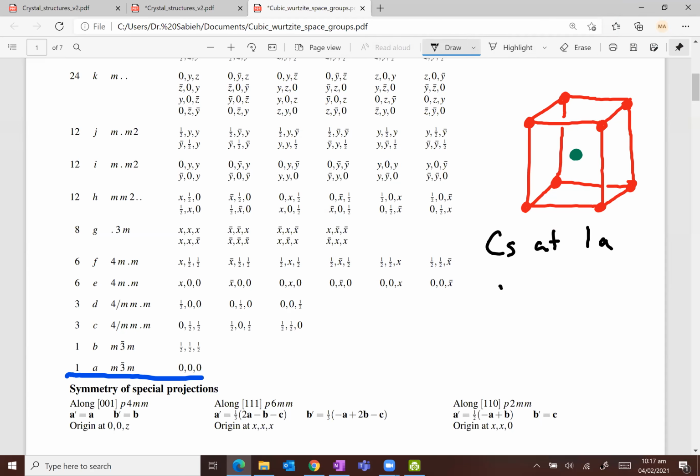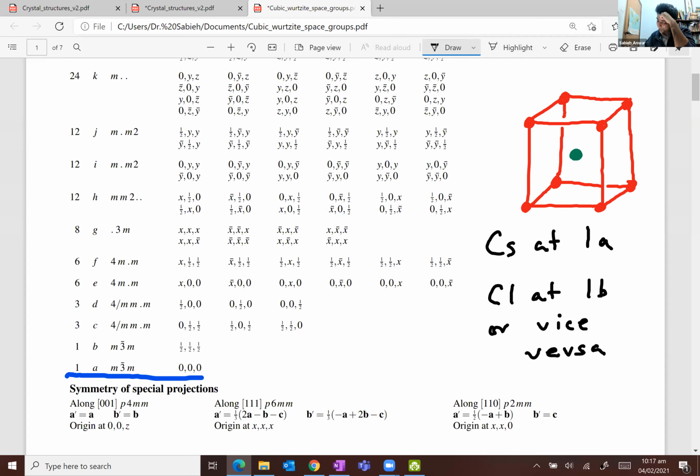Cesium at 1A and chlorine at 1B. 1B, or vice versa. Can we say vice versa? Yes, sir. Yes, we can place the chlorine at 1A and cesium at 1B, doesn't really matter. The choice of the origin is arbitrary.